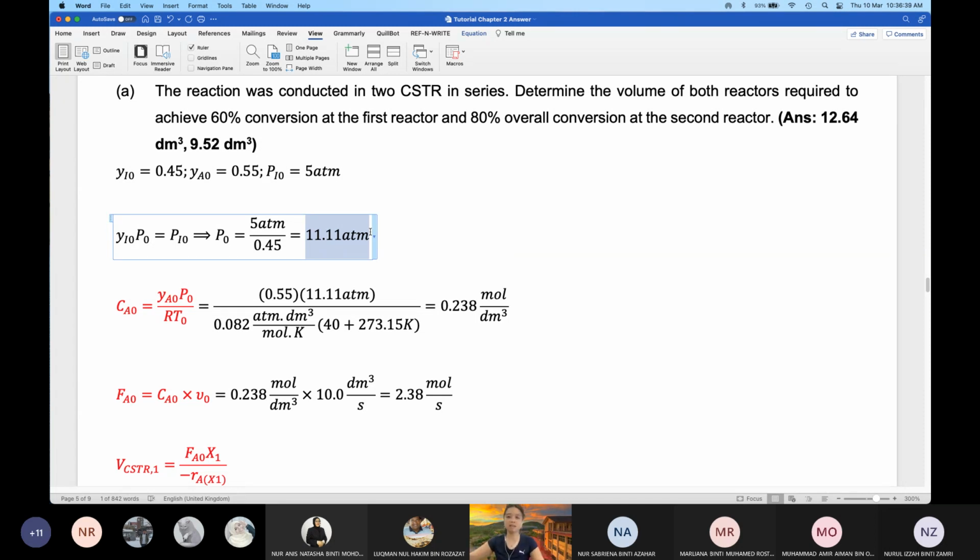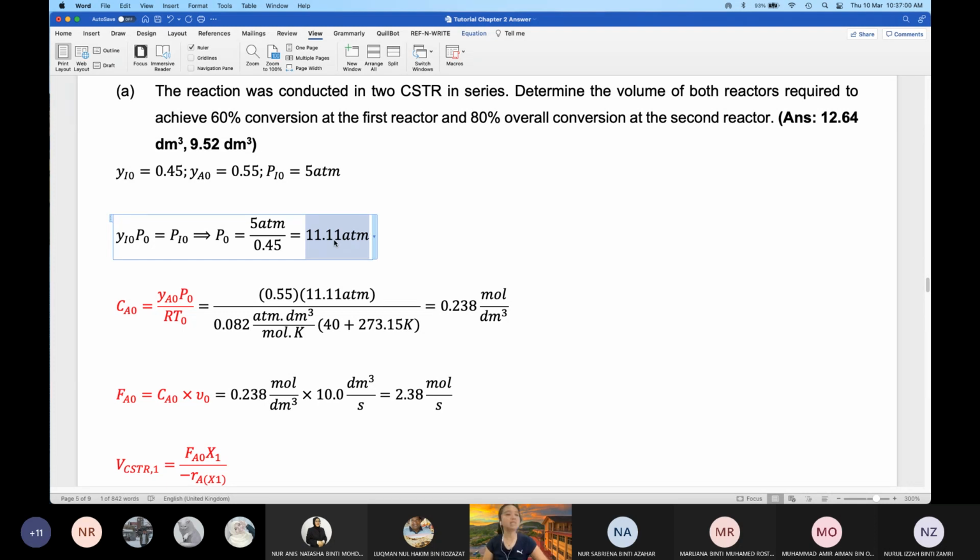Kalau kamu nak tahu jumlah tekanan keseluruhan sistem P0 bersamaan dengan 100%. 45% sama dengan 5 ATM. Kalau 100% berapa ATM? Kalau kamu ingat darab silang, kamu berdarab silang kan? Bila kamu darab silang, kamu sebenarnya akan dapat total pressure tu 11.11.